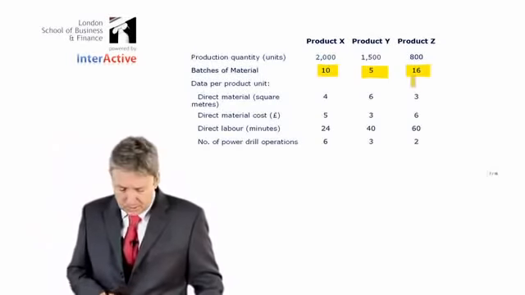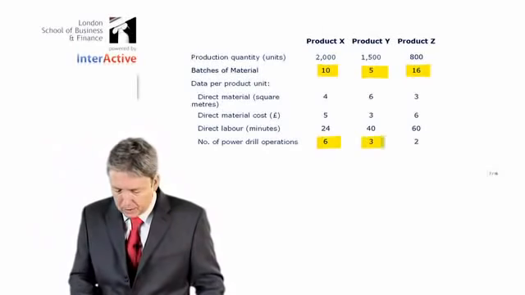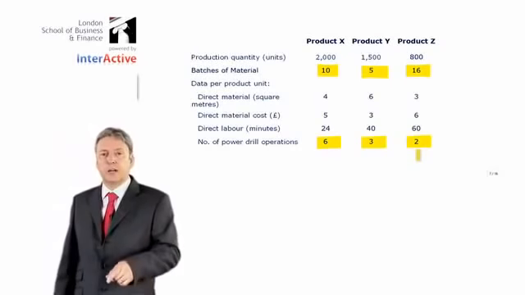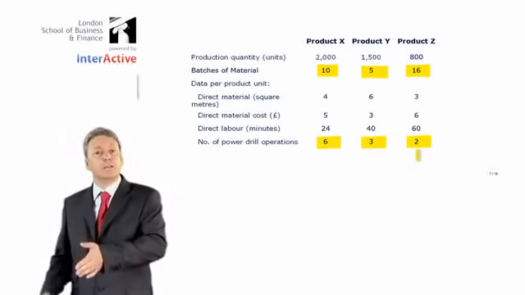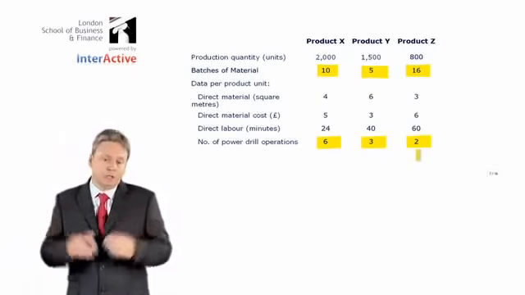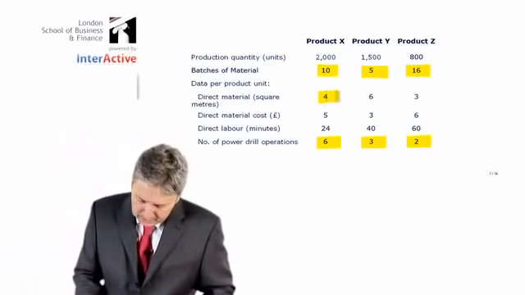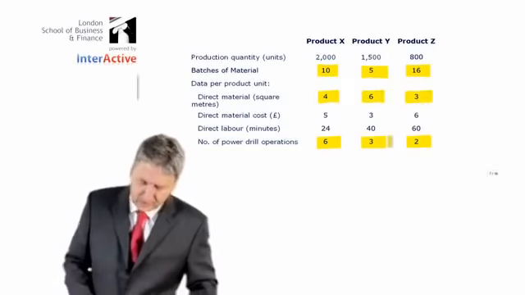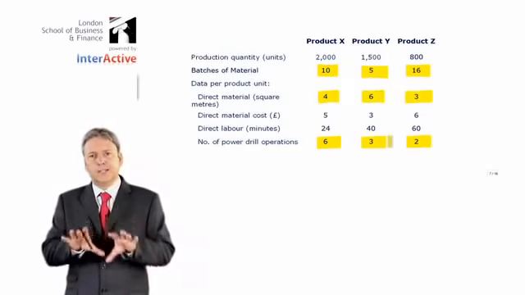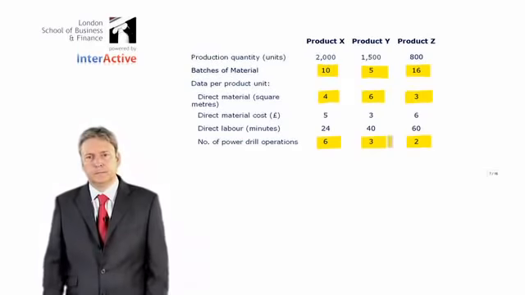If we were looking at process power, it was based on the number of power drill operations. Please remember, these are power drill operations per unit, so we'll have to multiply it by the number of units. And when we looked at material handling, we had the direct material in square meters. So all the information is there in front of us.